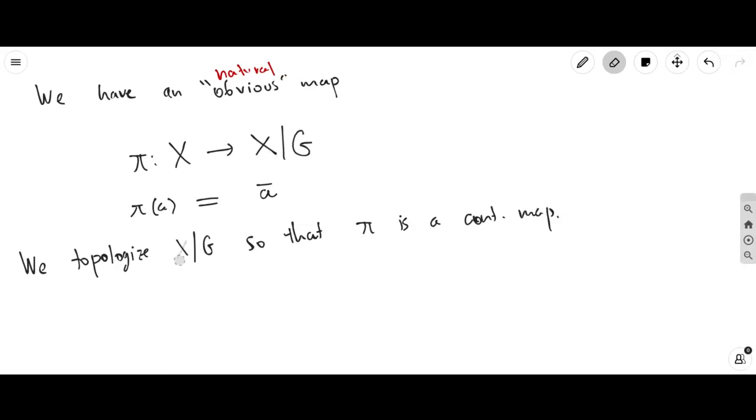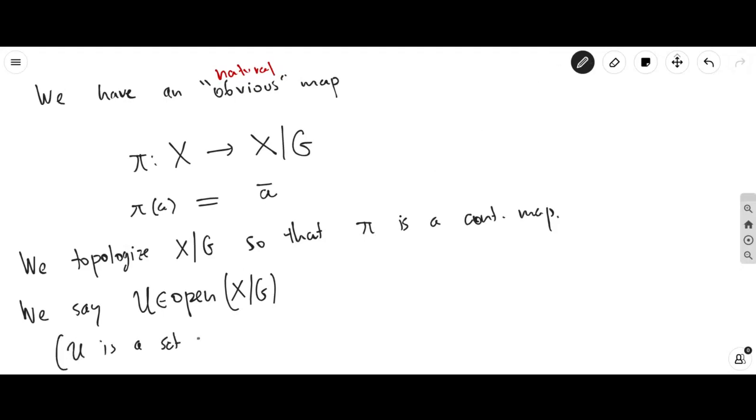So the way we put a topology on it is we have to declare what it means to be open. So we say that U is something that's open in the quotient. Now this is a little bit complicated. So what is U? U is a set of mod classes. So U is technically a set of sets because the elements of the quotient are classes, so those are sets, and U is an open, so it's a subset of the quotient, so it is therefore a set of sets.